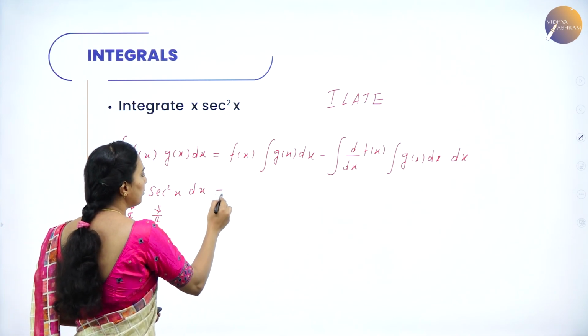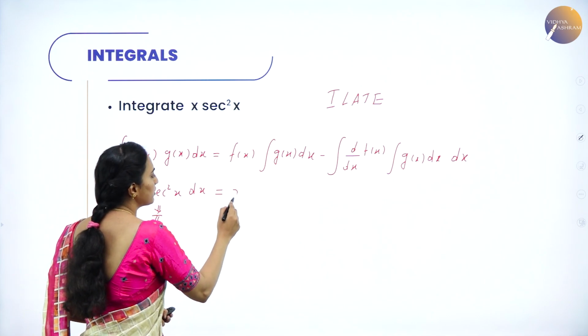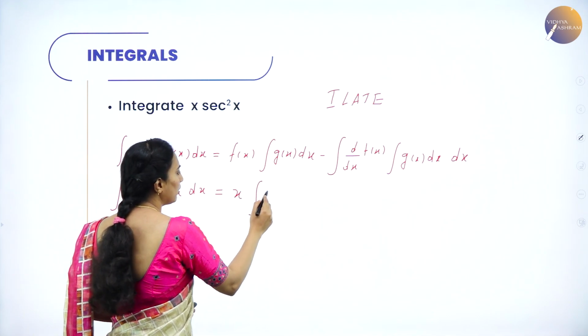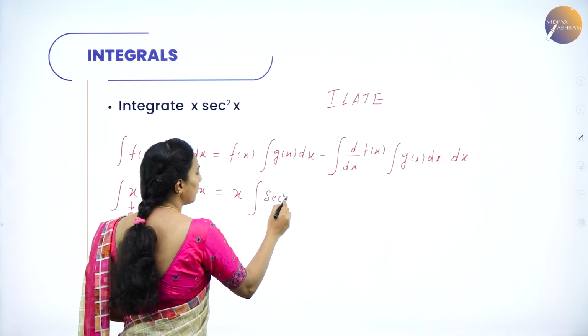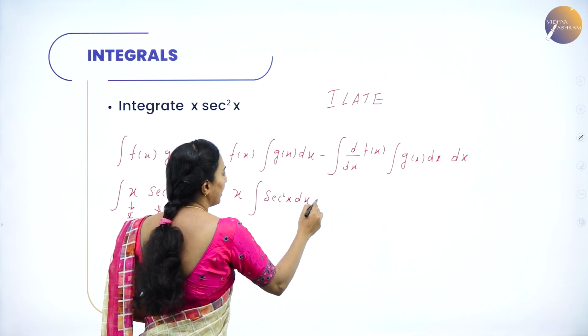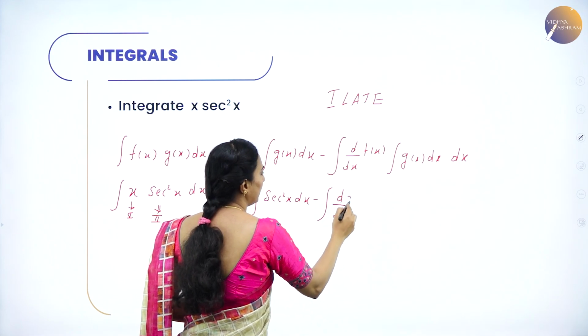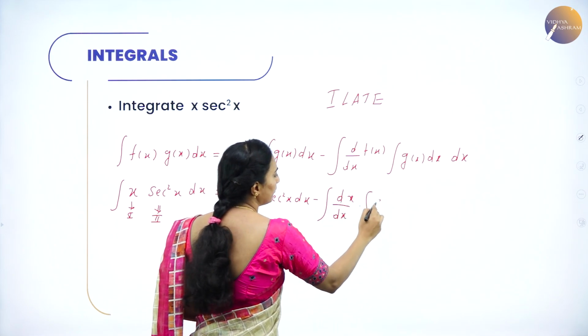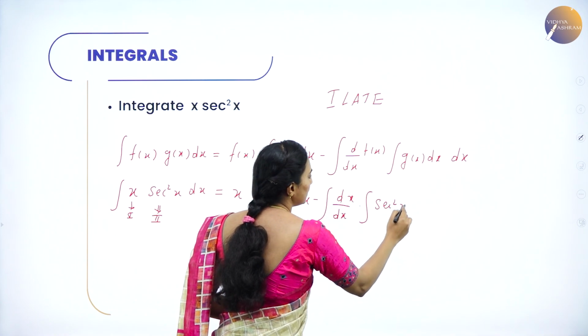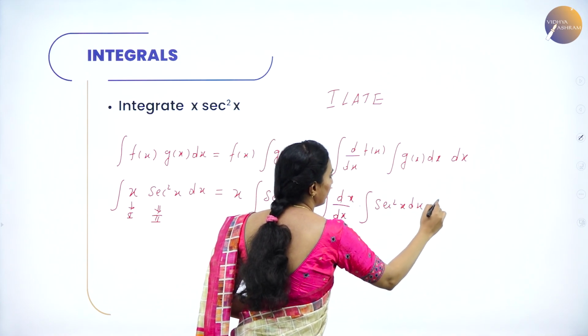Now, accordingly, if you write the formula, so first function that is x into integral of second function which is secant squared x into dx minus integral of d by dx of first function which is nothing but x into integral of second function which is secant squared x into dx, right?